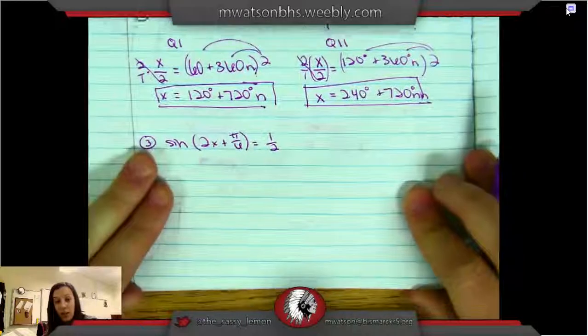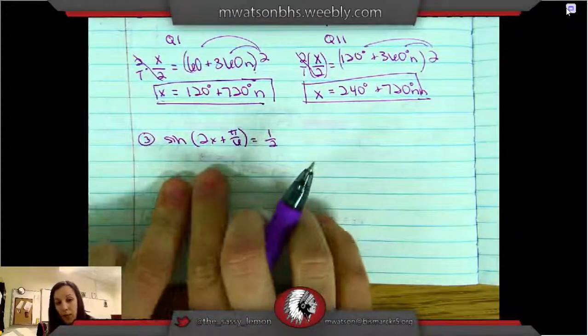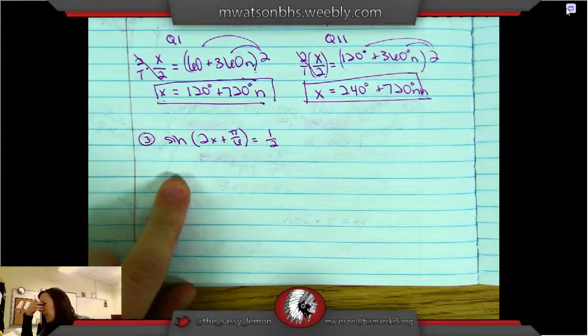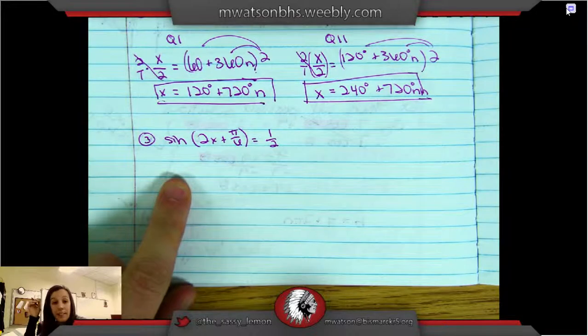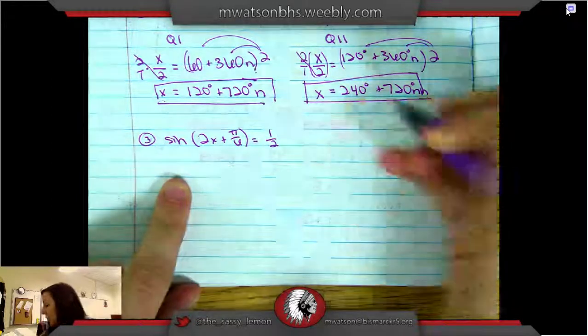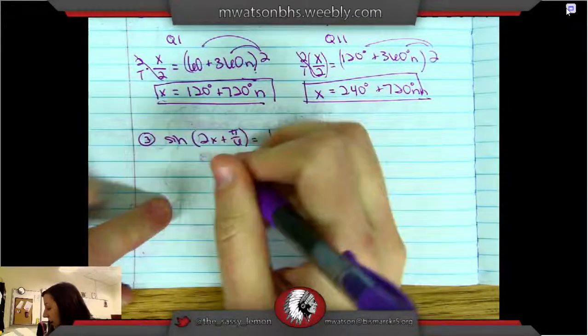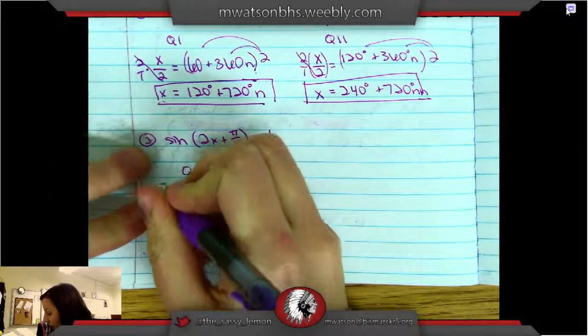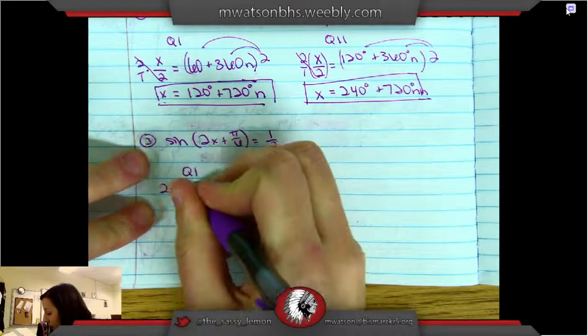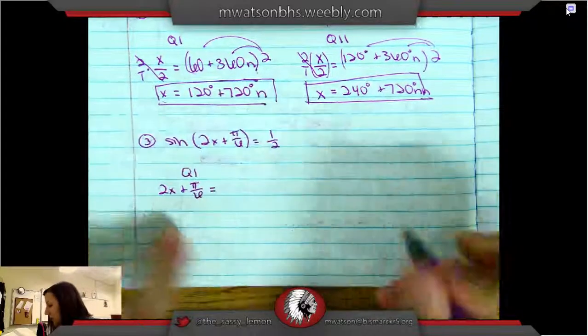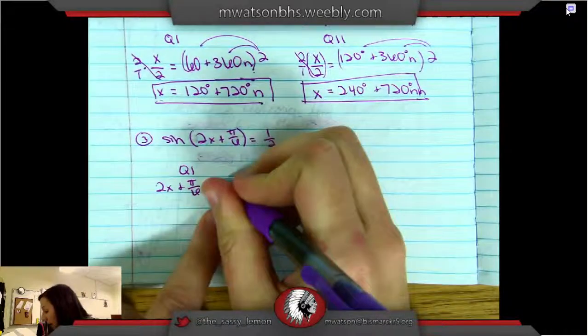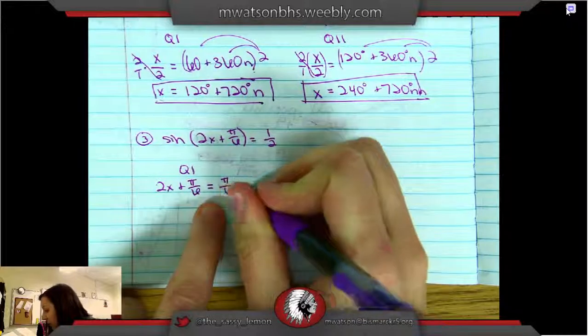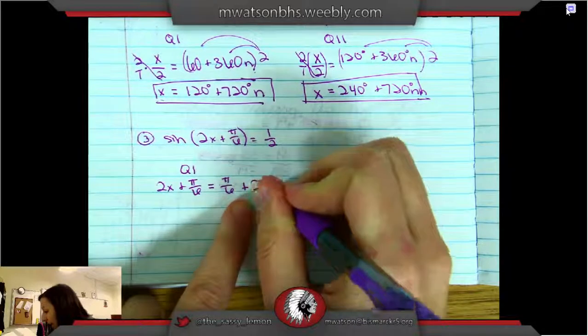So we're going to go down here, and say, what's 30 degrees in radians? It's pi over 6. So we're going to write that our whole argument in the first quadrant, 2x plus pi over 6 equals pi over 6 plus 2 pi n.